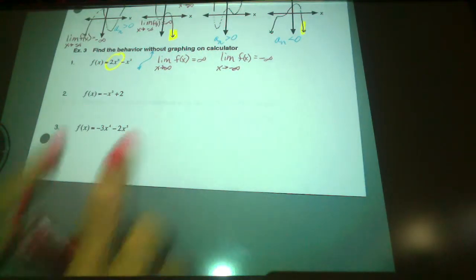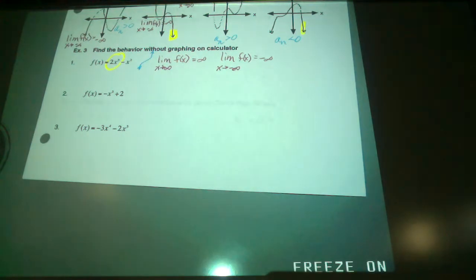So now I want you to do the next two on your own. Follow what we did up here, using knowledge: is it even or odd, and what is the leading coefficient? Draw a quick sketch. Let's just start on number 2 with a quick sketch, so you get that right, so you don't get your limits wrong. Draw a sketch of what you think negative x cubed plus 2 might resemble.